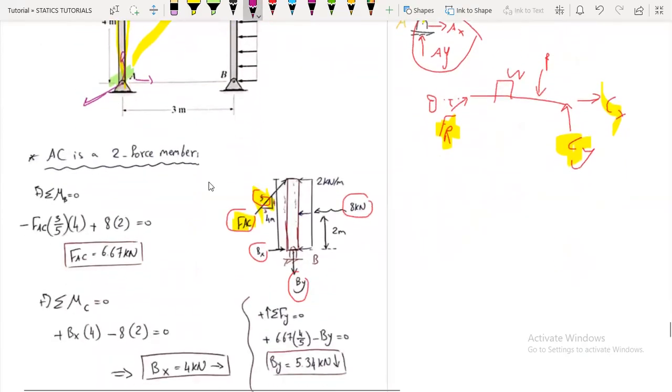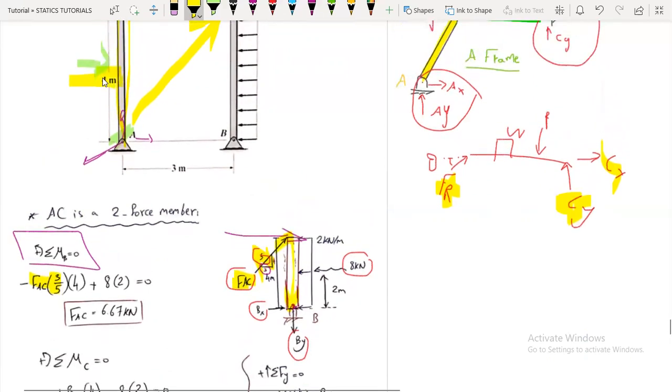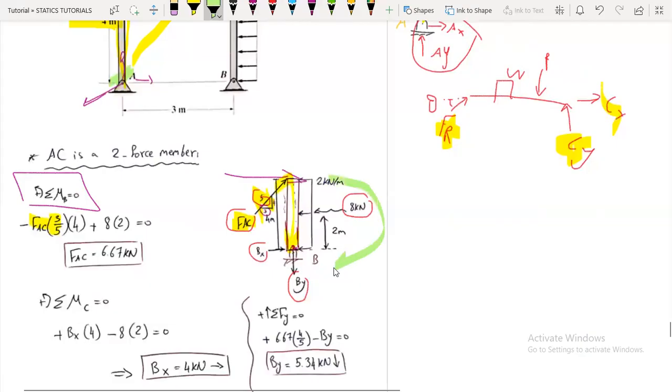And we can now use our equation, summation of moments at B. We will only have the horizontal component, which is FAC multiplied by 3 over 5, multiplied by the vertical distance, which is 4 meters, and since it's rotating clockwise, it is negative. And also we have the 8 kilonewtons multiplied by distance, which is 2, and it's rotating counterclockwise, so it is positive. So we'll get FAC to be 6.67 kilonewtons.